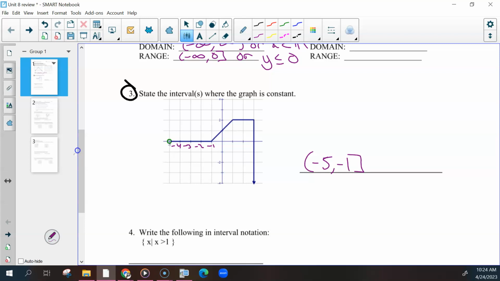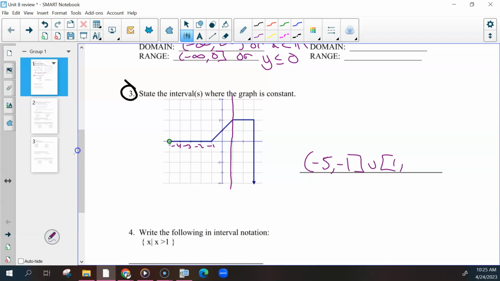Is there somewhere else where it's constant? Where would that one start? Positive 1. This point right here. So I'm going to put a U in between these just to mean there's multiple.